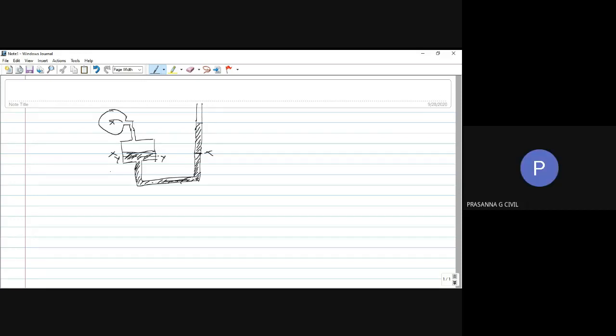How much lowering is happening from here with respect to XX? That much it will go up from the X on the right limb. Because here it may show only delta H, but because this pipe is very small, it will go up that much here. So whenever we say reference line, that will be when the U-tube is not connected to any pipe or vessel where you want to measure pressure.